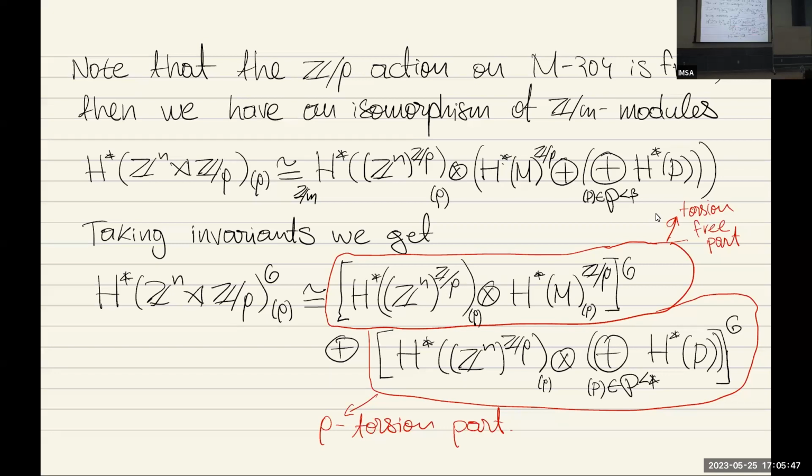Also appears the cohomology of this torsion free abelian group tensor with the sum of the cohomologies of some finite groups corresponding to certain conjugacy classes. Okay.